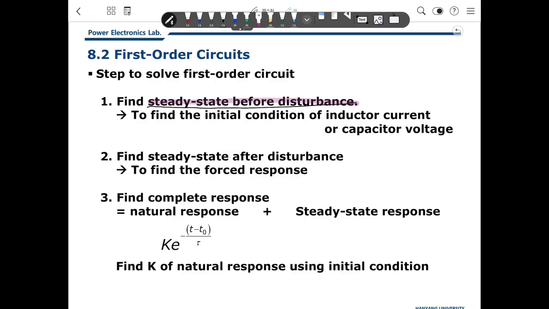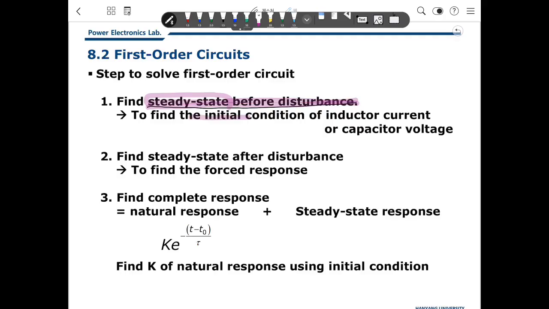Actually, we do not need the steady state before the transient itself. Our concern is the voltage or current after the switch is operated. Even so, we should know the steady state before the disturbance.